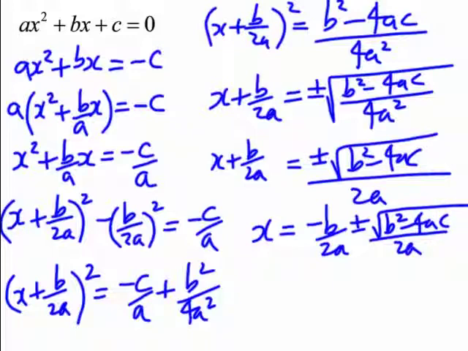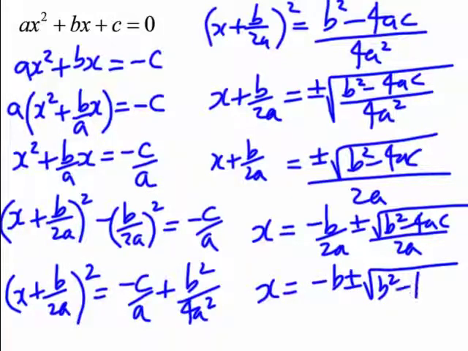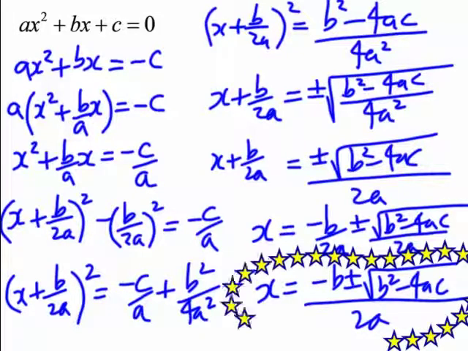Now, I can amalgamate this, and I end up getting that x is equal to minus b plus or minus the square root of b squared minus 4ac, all over 2a, and this is the formula which we're after.